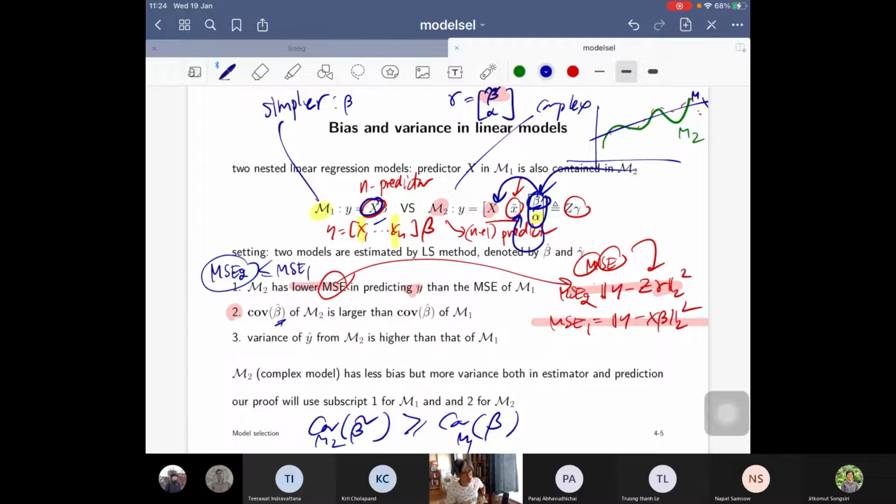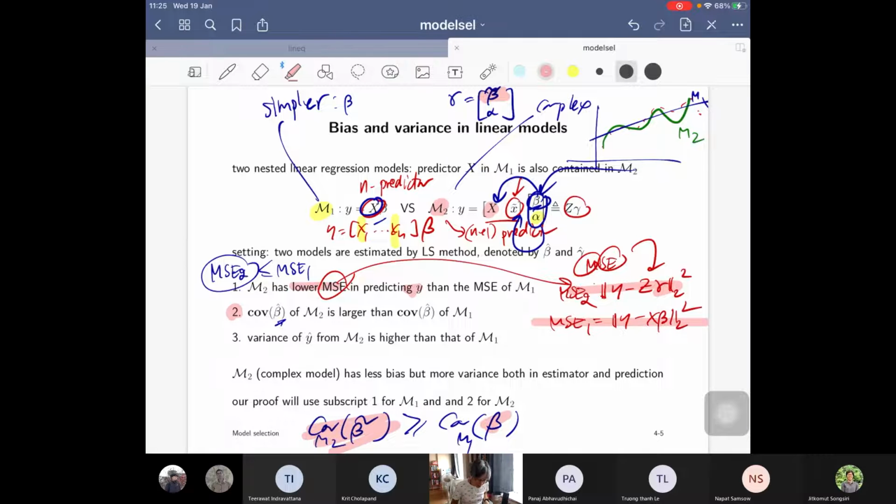The interpretation is that if you use a more complex model, M2, your regression coefficient as an estimator, which is of course a random variable, is more unreliable than the estimator from a simpler model. Having bigger covariance is not a desirable property.